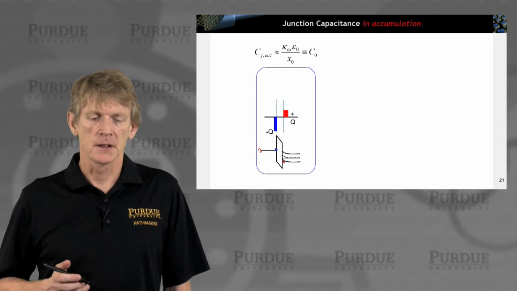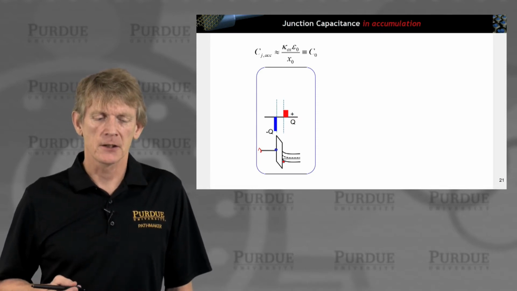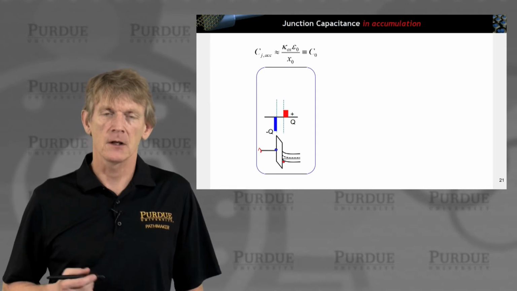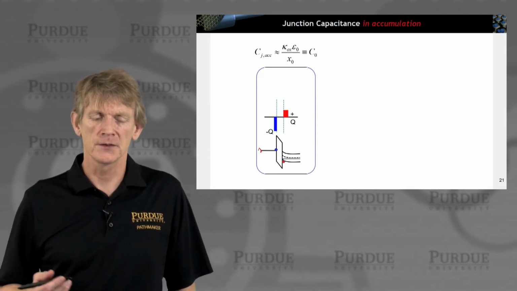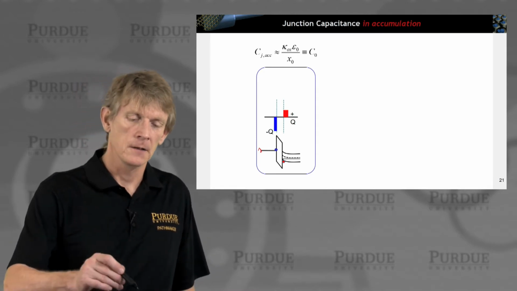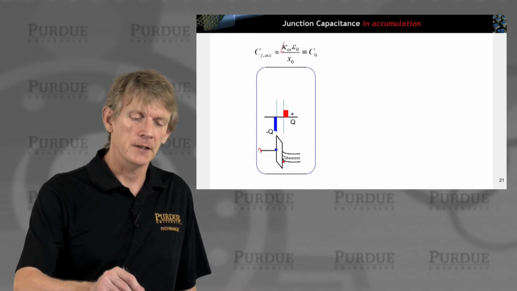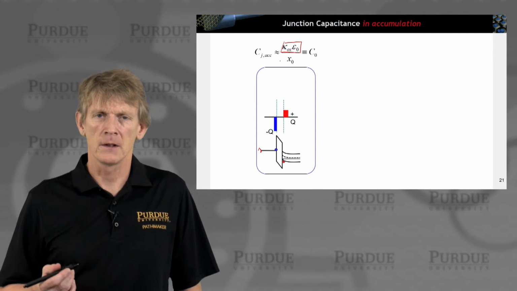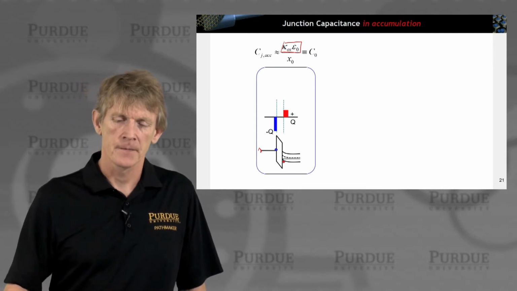So there's a junction capacitance in accumulation that is close to the oxide capacitance. Again, the oxide capacitance is a simple plate capacitor, which is the dielectric constant divided by the distance.